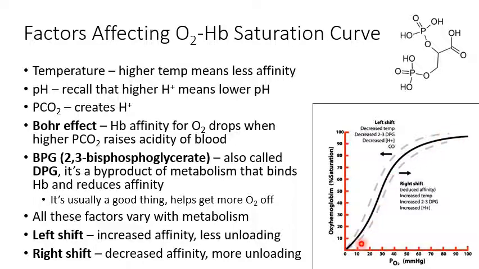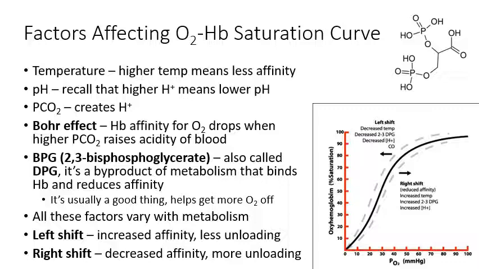Reduced affinity because of increased temperature, increased BPG, increased protons, increased carbon dioxide, all of that reduces affinity, and that reduced affinity is going to make it harder for hemoglobin to load with oxygen, so that's not good. But it also makes it easier for hemoglobin to unload oxygen, so that could be good.